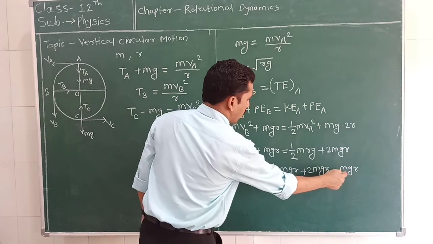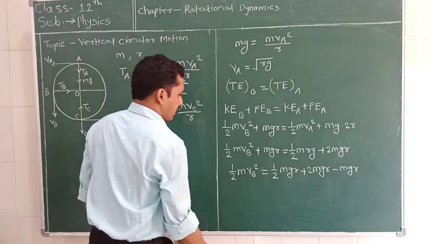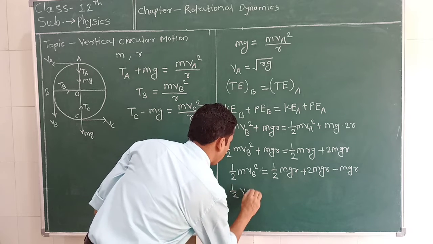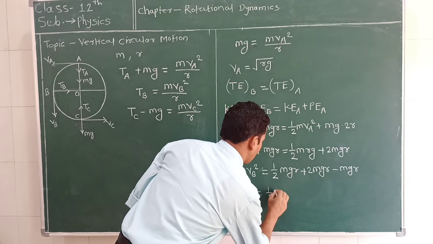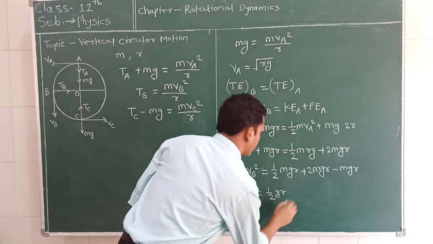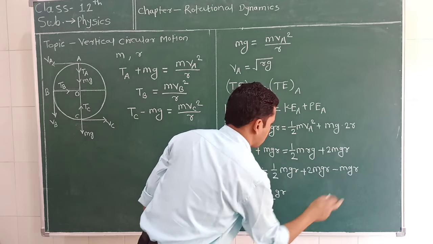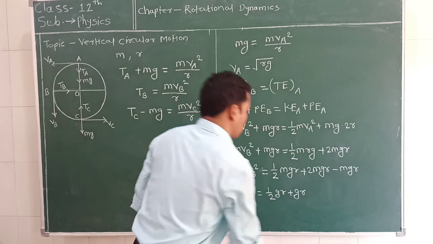If we take common m from these equations, then this m and this m get cancelled. We can write here it is equal to 1 by 2 vb square is equal to 1 by 2 gr plus 2gr minus 1gr, equal to gr.